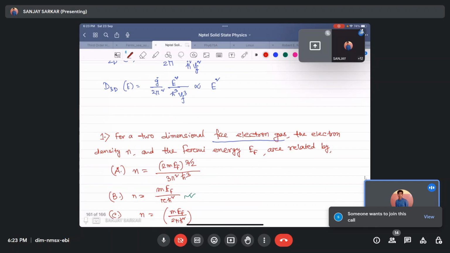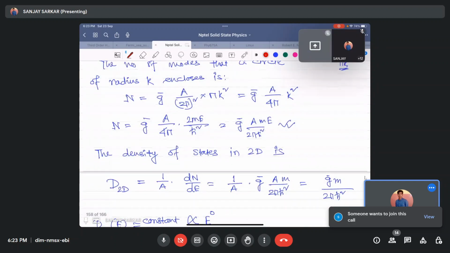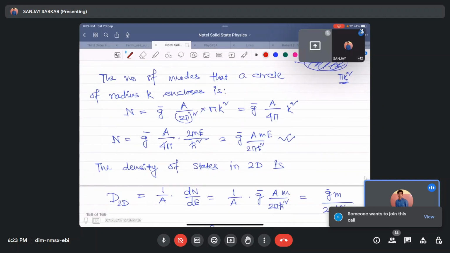So for 2D we'll solve in the same way. This is the g n, so n we can write from this expression.